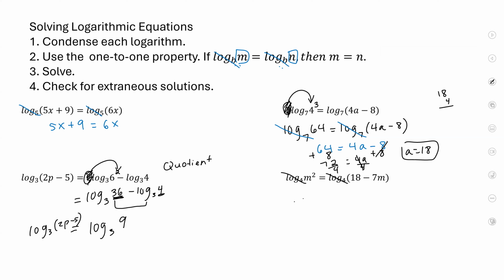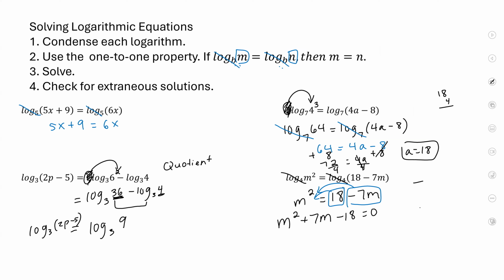So I'm left with m squared equals 18 minus 7m. You're going to have to factor. So I'm going to move the negative 7m to the other side. And what will it become? Yep, it will become positive 7m. I'm also going to move this 18 to the other side. What will it become? Yep, a minus 18.